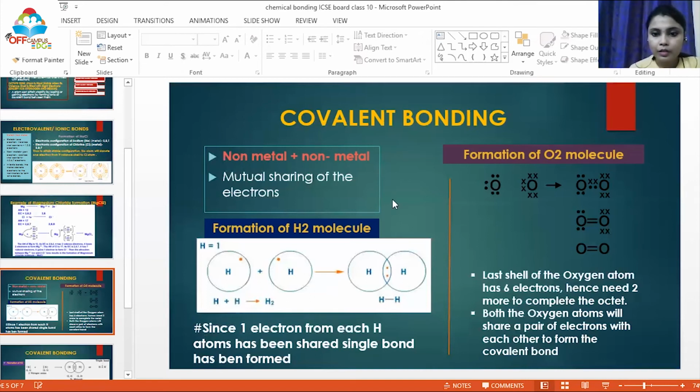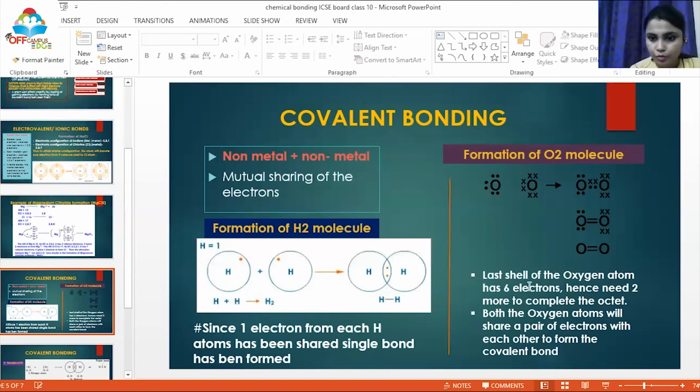Now we will look at the example of the formation of the O2 molecule where a double bond is formed. So we can see clearly that in the formation of the O2 molecule, the last shell of the oxygen atom has 6 electrons. So it needs 2 more electrons to complete its octet.